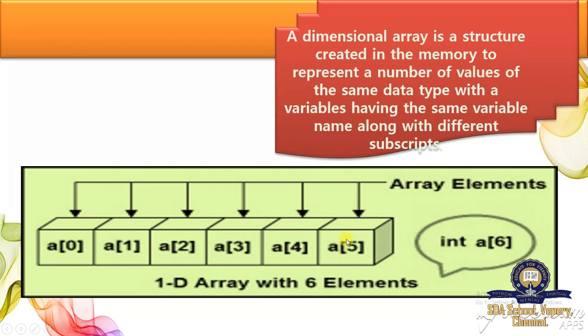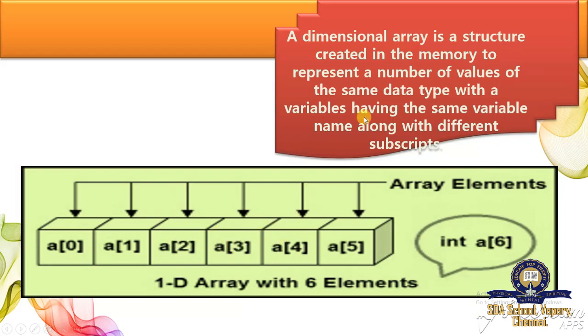The variables have the same variable name. So what is the variable name? A. All elements have a common variable name, that is A, along with different subscripts, that is 0, 1, 2, 3, 4, 5. So the different elements are stored under the common name with different subscripts.